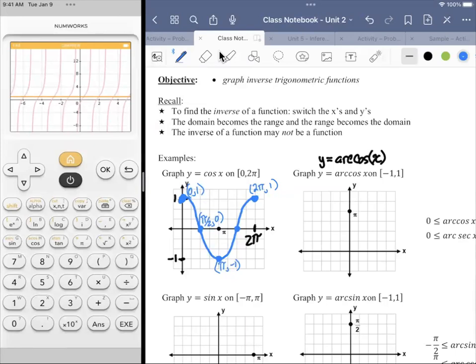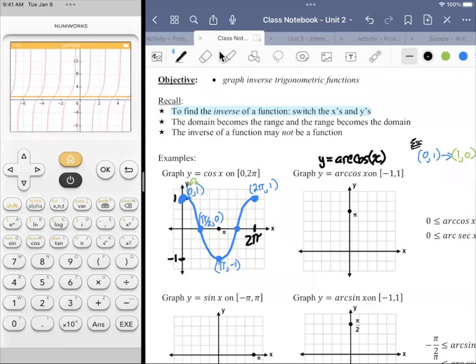All right, all that stuff is helpful, but we're just going to focus on the first one, which is to find the inverse, switch the x's and y's. So that's what I'm going to do. I'm going to take each x value and switch it with the y value. So 0, 1 is going to become 1, 0, for example.